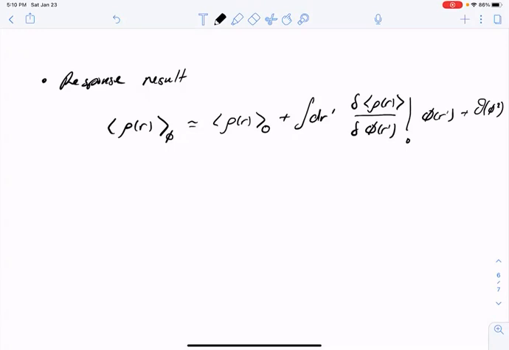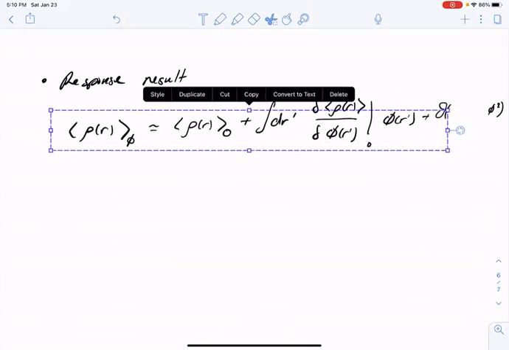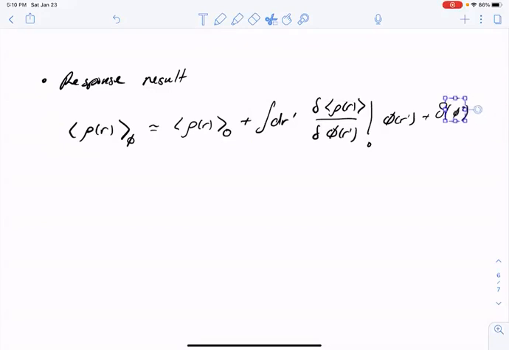Now, the structure of this is just our first order perturbation theory or linear response result.